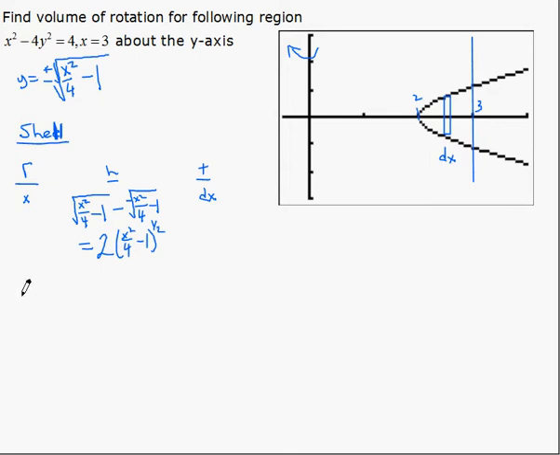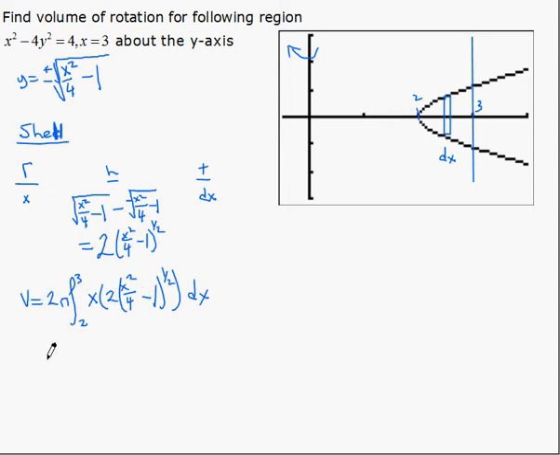Solving this then, the equation for volume is equal to 2 pi times the integral from 2 to 3 of the radius times the height, that should be squared there, radius times height times thickness. Now if we notice this has an exponent, so we can't multiply through with the x.